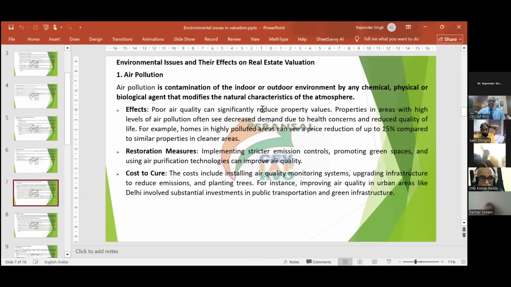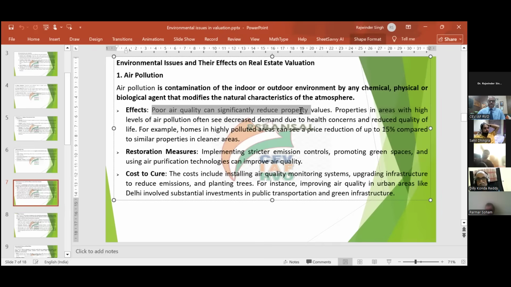So how does it affect the value of the property? Poor air quality can significantly reduce property value. Basically, here you have to learn the effect of environmental issues on property value.